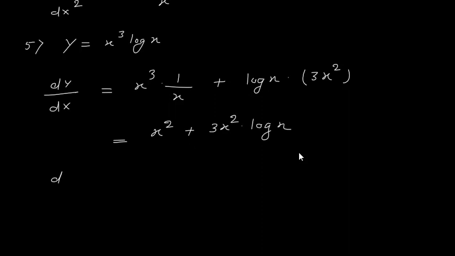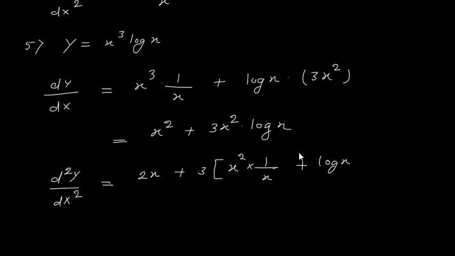We differentiate this again. We get d square y upon dx square. So we differentiate x square and we will get 2x, plus 3 times now x square into the derivative of log x, which is 1 upon x, plus log x and the derivative of x square, which is 2x.